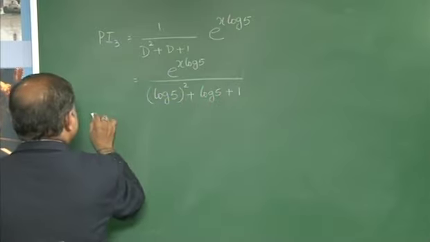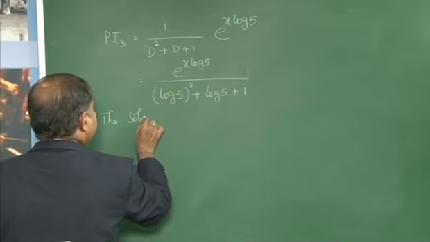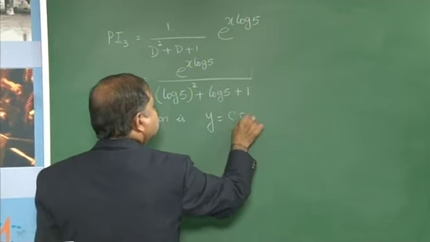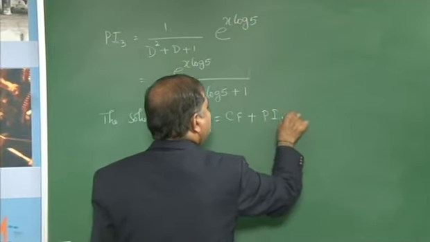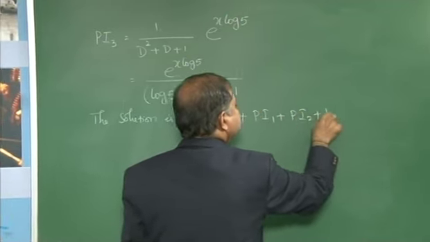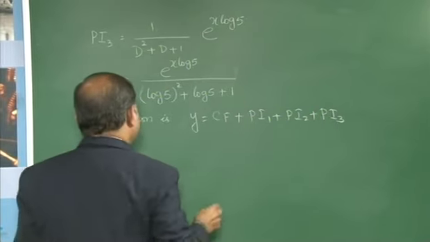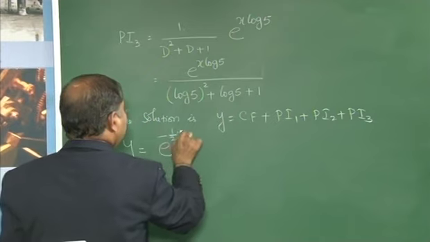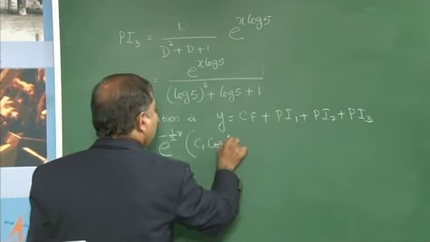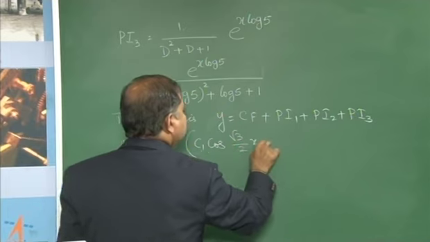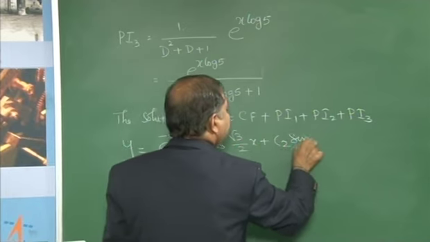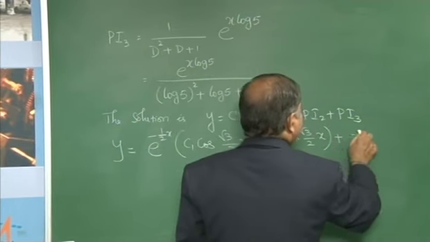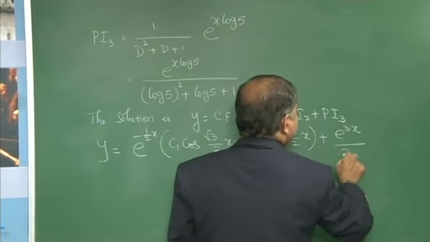Then what is the solution? The solution is y = CF + PI1 + PI2 + PI3, that is y = e^(−x/2) [c1 cos(√3/2 x) + c2 sin(√3/2 x)] + e^(3x)/26.